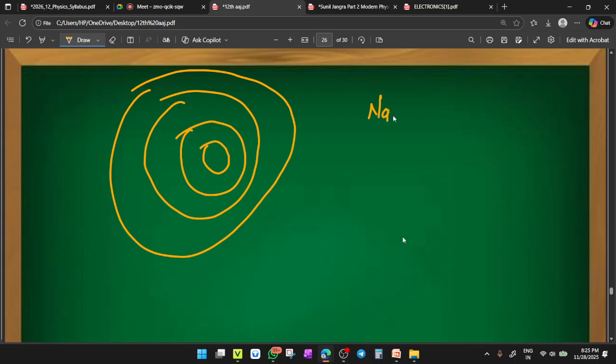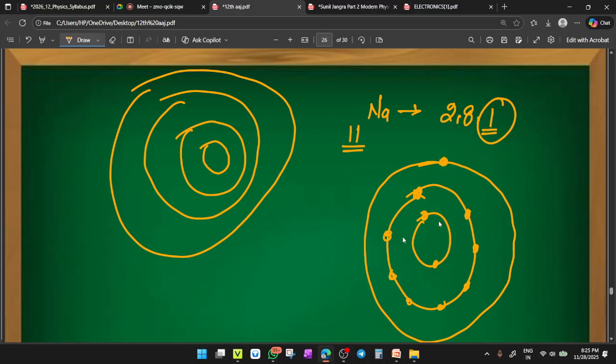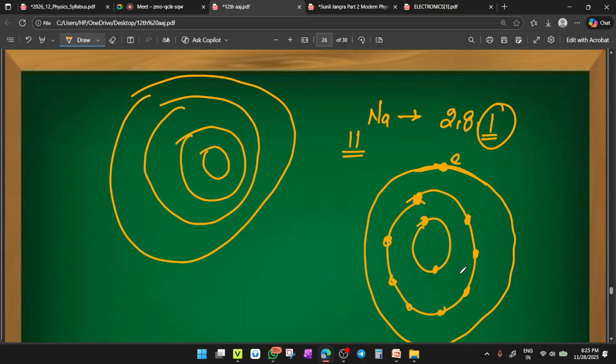Like if you're talking about sodium, the atomic number of sodium is 11, so the configuration is 2, 8 and 1. Till the time this electron is present in the shell, it is called an electron of the valence band.